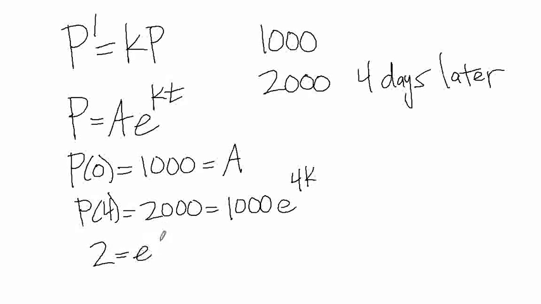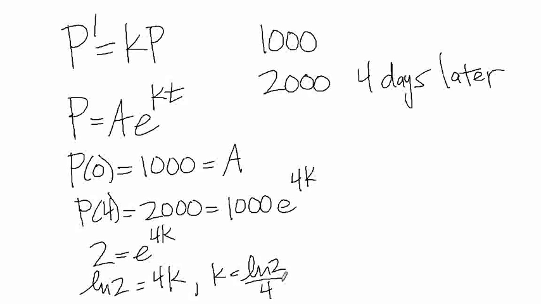So 2 is equal to e to the 4k. If I take now the natural log of both sides, I get that the natural log of 2 is equal to 4k. So k is equal to the natural log of 2 divided by 4.